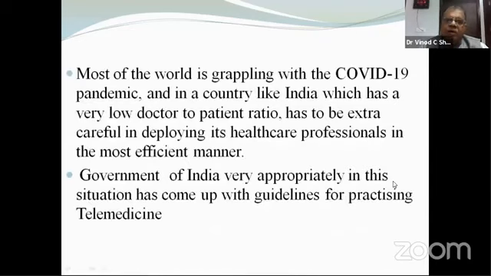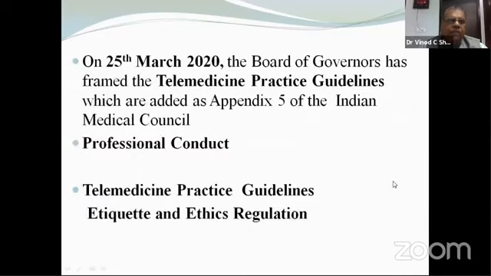Friends, we know most of the world is grappling with the COVID-19 pandemic, and a country like India, which has a very low doctor to patient ratio, 1600:1, has to be extra careful in deploying its healthcare professionals in the most efficient manner. Dr. Ganapathy already said the government of India very appropriately in this situation has come up with guidelines for practicing telemedicine.